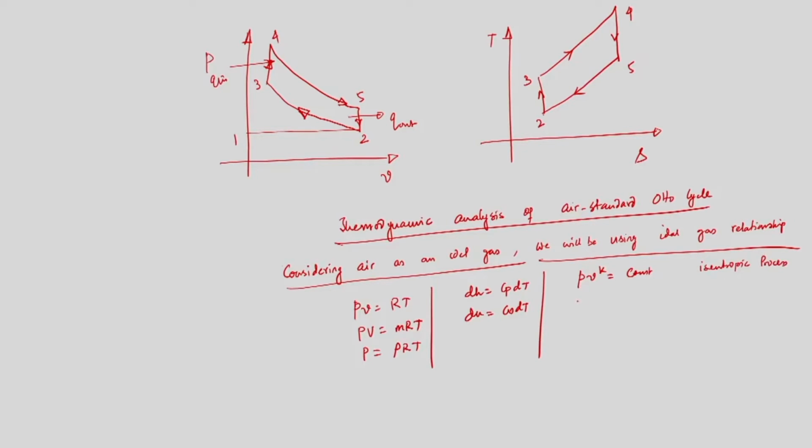This will equal TV to the power k minus 1 is equal to constant, again for an isentropic process. TP to the power (1 minus k) by k is equal to constant for an isentropic process. Work done W12 will be (P2V2 minus P1V1) divided by (1 minus k), which is equal to R into (T2 minus T1) divided by (1 minus k).